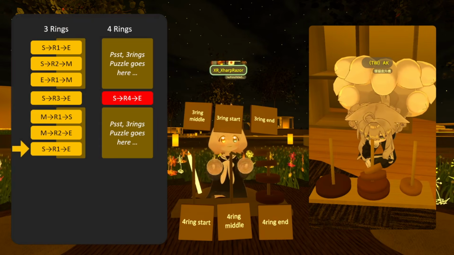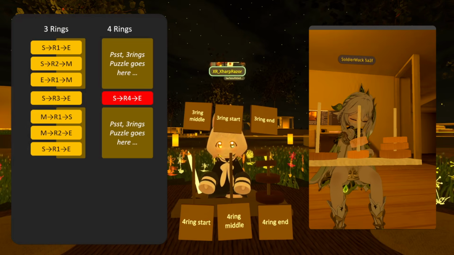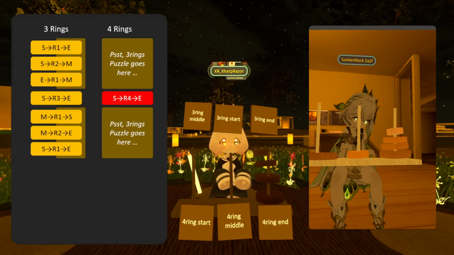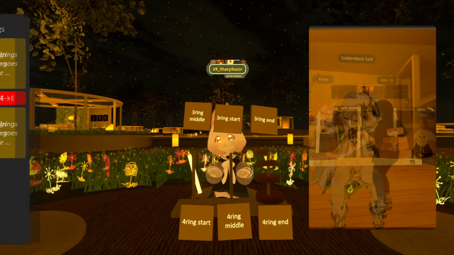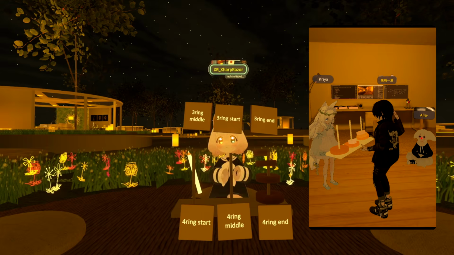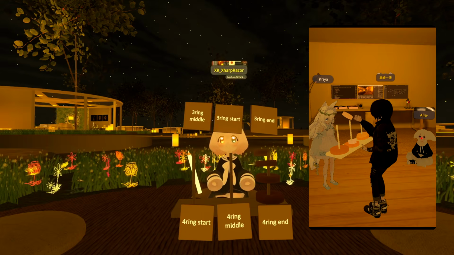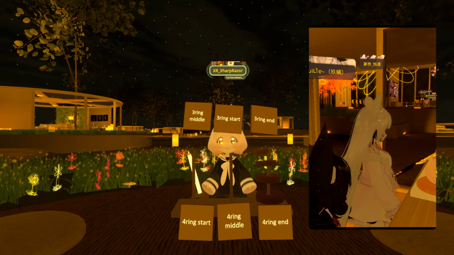Ta-da! And so if we have our 4-ring puzzle steps recorded, of course we can solve the 5-ring puzzle, 6-ring puzzle, and so on.